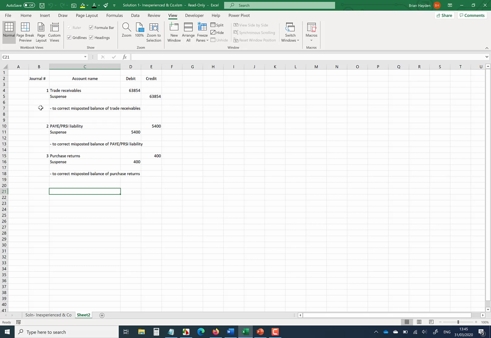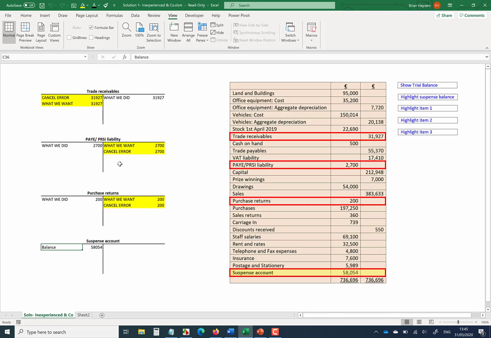So this is the layout that we use to do the formal corrections in suspense accounts. We've got a journal reference number 1 and the ledger account names, a column for debit and a column for credit. For the PAYE PRSI liability, so again, just to go back to the workings, I've highlighted this material here. So we need to credit a total of 5,400 to the PAYE PRSI liability account.